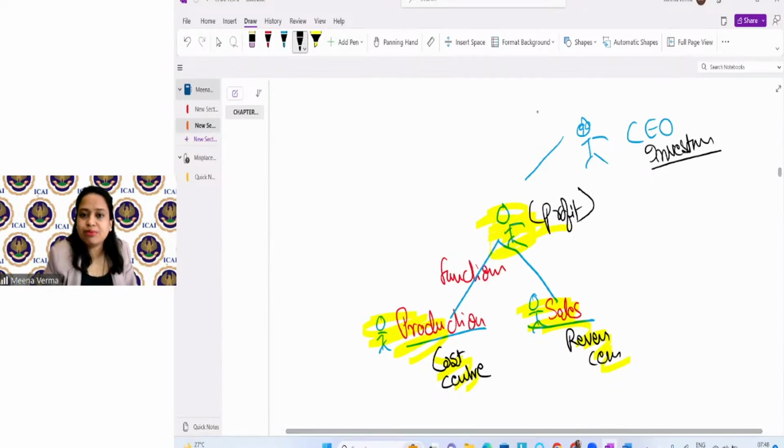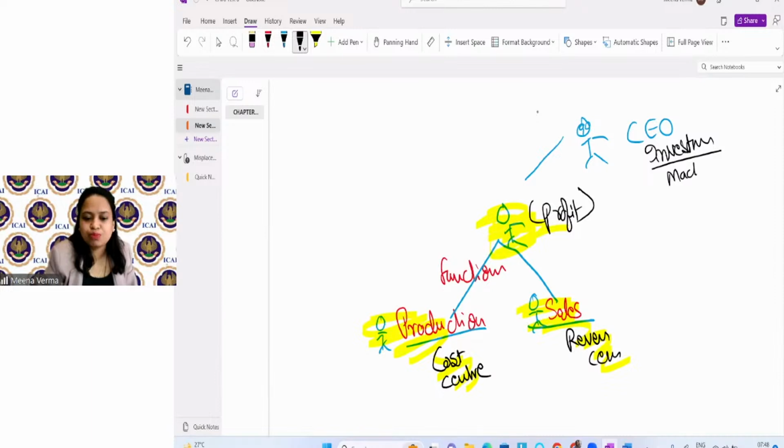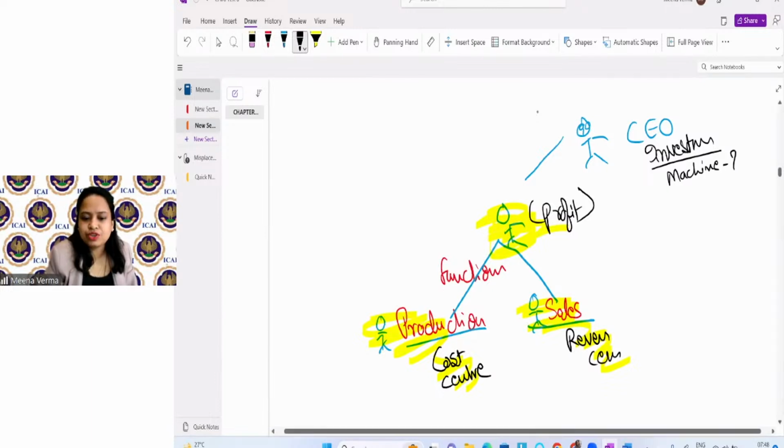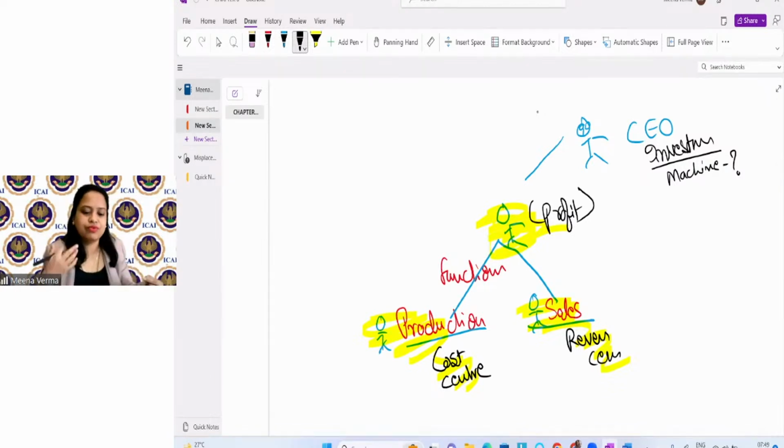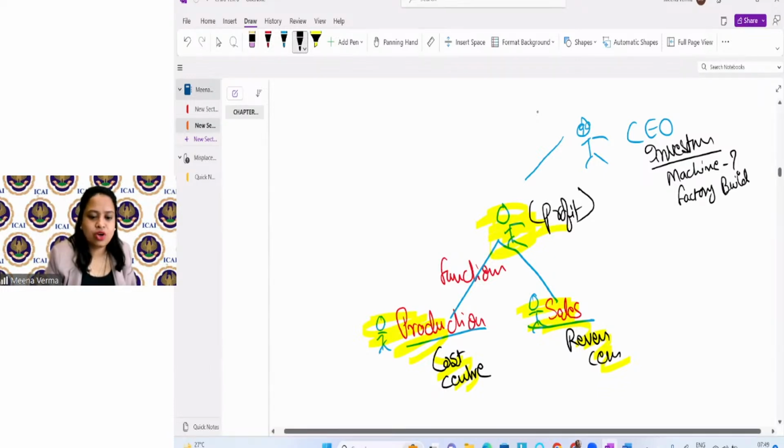Now, investment ka matlab, which machine should we buy? Whether we should buy a new machine or not. Let's buy a new machine, or we will not buy a new machine and we will manage with the old machine. Okay? Machine, factory building, or any other investment related decision.